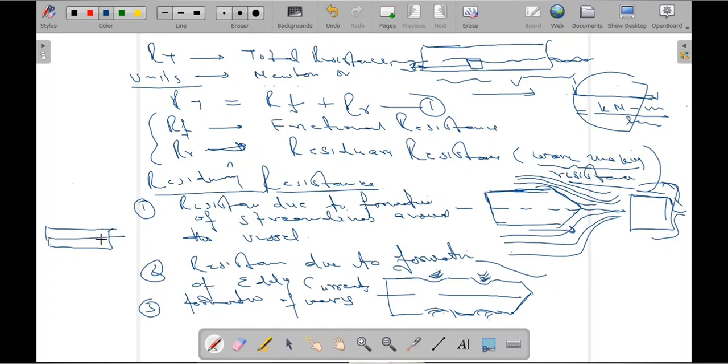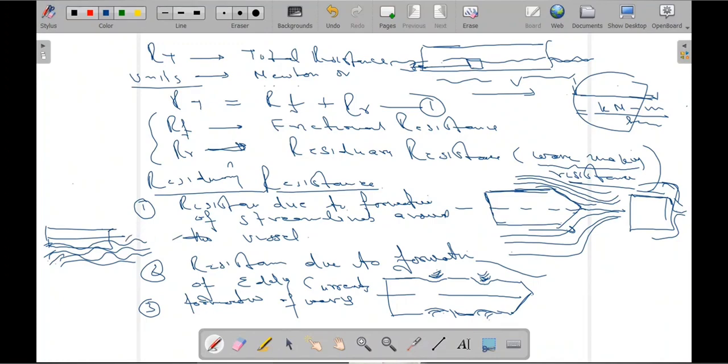Now when this vessel is moving, the first two we have covered. Because it does not move on tracks or anything, it is moving in water, so we will have waves created because of this movement, correct? So this is the third part, which is formation of waves because of the movement of the vessel.